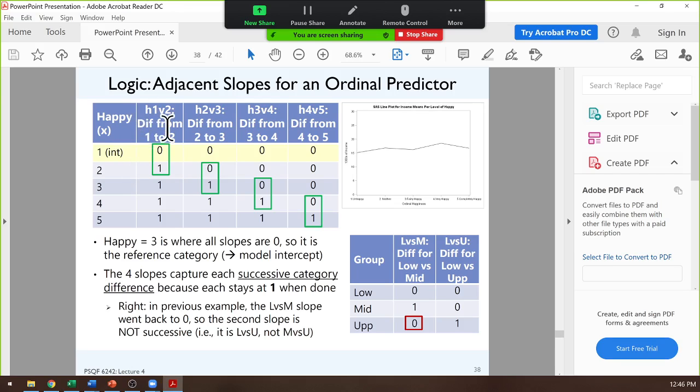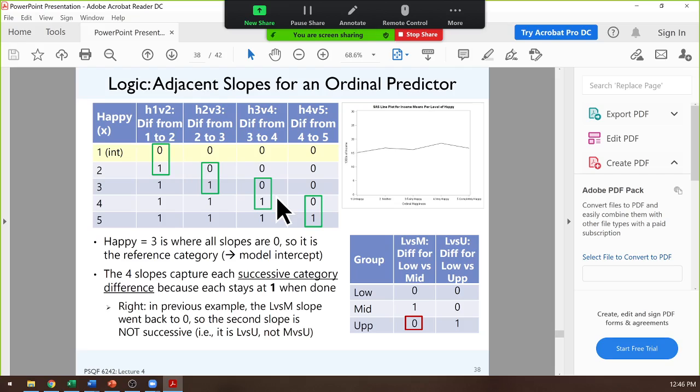So the happy example, just to review, was a 5-category ordinal variable where the coding scheme that I have developed up in this left-hand corner is designed to give you the adjacent differences across the 5 categories.